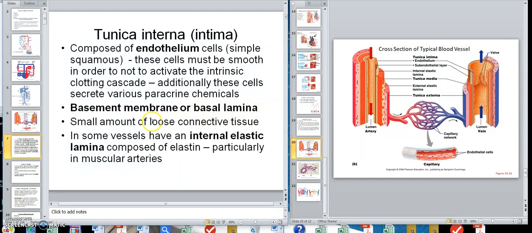Then underneath that is a small amount of loose connective tissue. So endothelium, basement membrane or basal lamina, then a little bit of small loose connective tissue. In some vessels, you'll have a surrounding layer of elastic fibers known as the internal elastic lamina. Okay, this would be primarily your muscular arteries. And we'll be talking about the types of arteries as we go along.